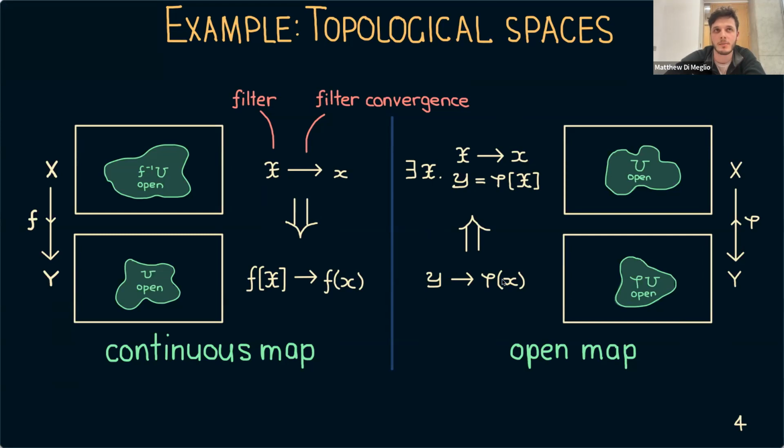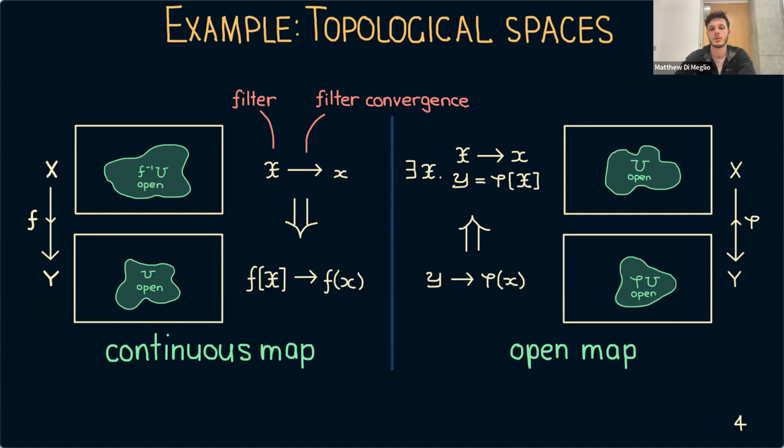And the point is that preorders can equivalently be viewed as topological spaces, as so-called Alexandrov discrete topological spaces. And under that equivalence, the monotone maps really are continuous maps, and the retromonotone maps are the open maps, and the preorder itself is kind of like the reverse of this filter convergence relation.